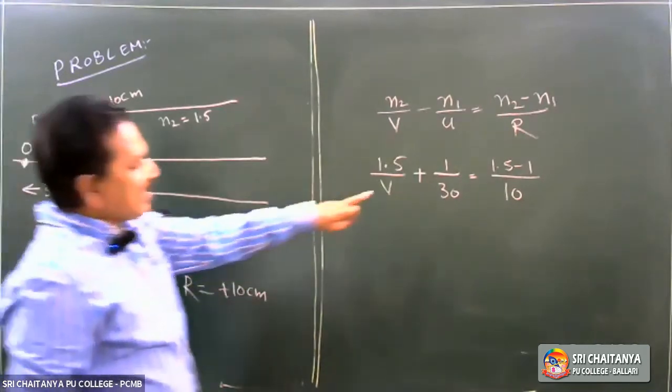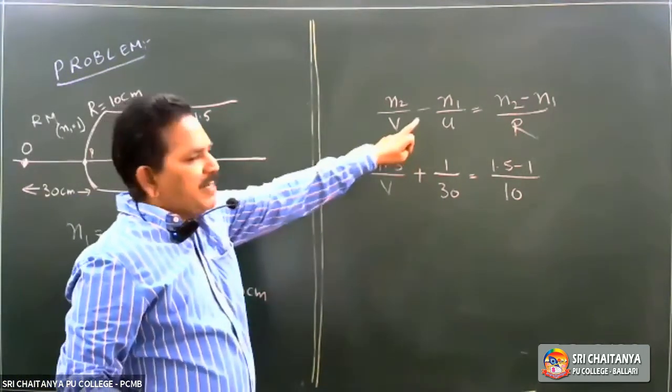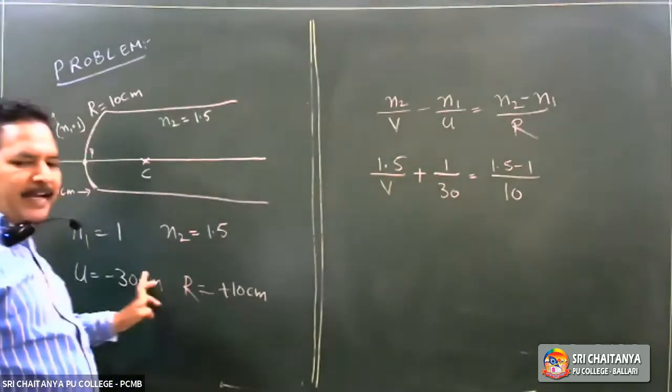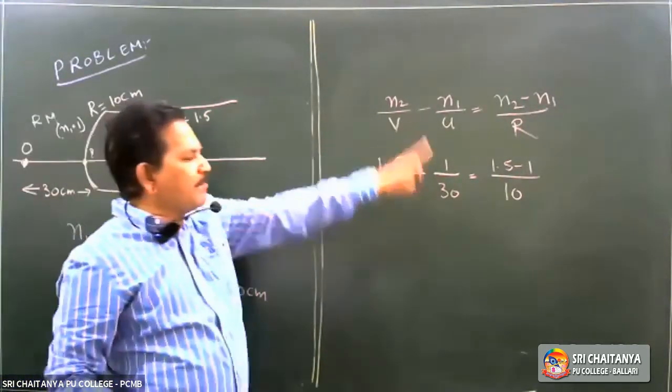Why did I get a plus sign here? Already minus is there, but the U value is minus. Minus into minus becomes a plus.